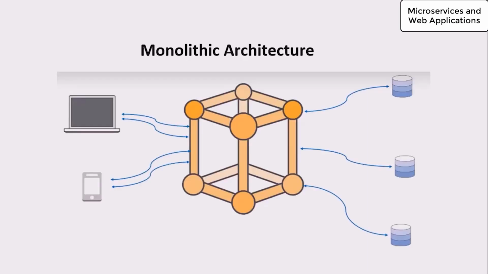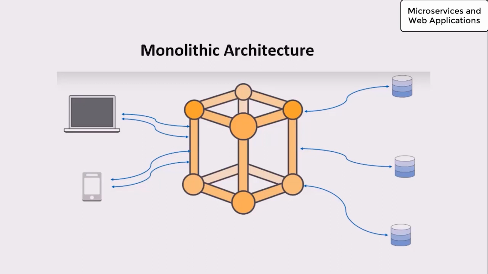So before microservices were introduced, we used to have monolithic architecture. So if a user, a mobile user or a web app user, is trying to access a database or a web application, the request goes through a lot of interconnected applications. So they are dependent on each other in serving that request.